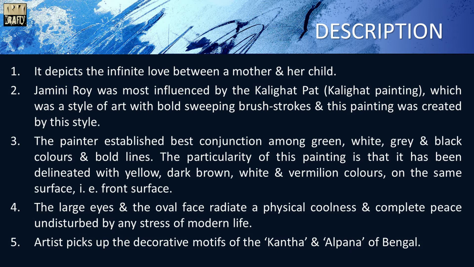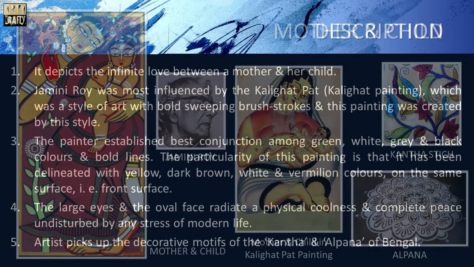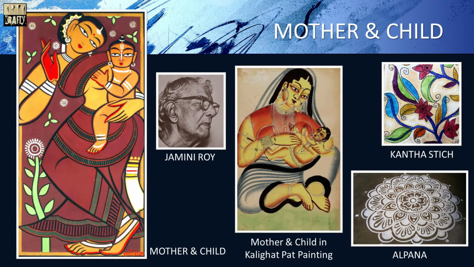The large eyes and the oval face radiate a physical coolness and complete peace undisturbed by any stress of modern life. The artist picks up the decorative motifs of the Katha and Alpana of Bengal. This is the picture Mother and Child, done by Jamini Roy.